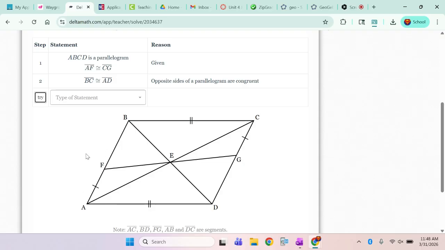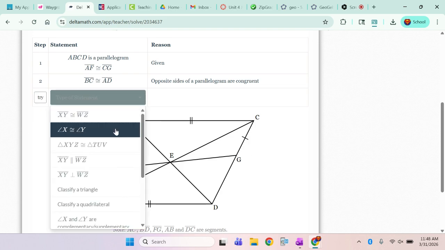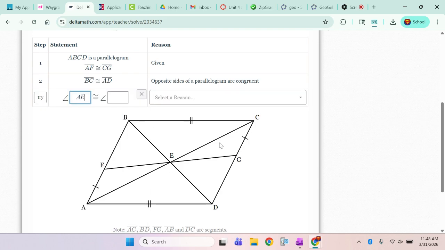So AEF, what's the other one? CEG. Those are congruent. Why? So it's not alternate, but they do have a connection.